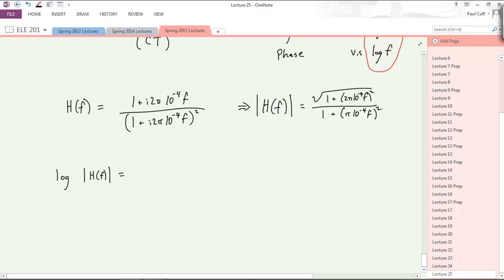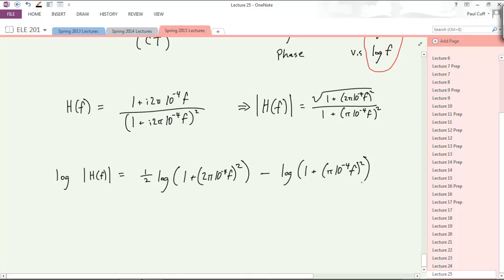If we take a log of that, then we get 1/2 log of 1 plus (2 pi 10 to the negative 4 f) squared, plus or minus log of 1 plus the other term. Okay, so we get that.